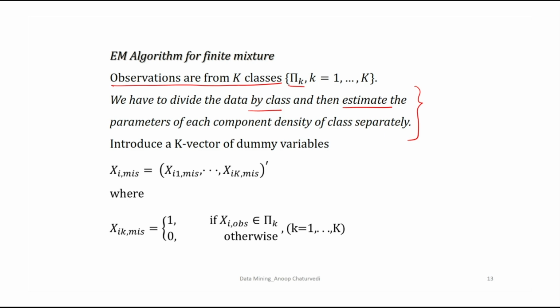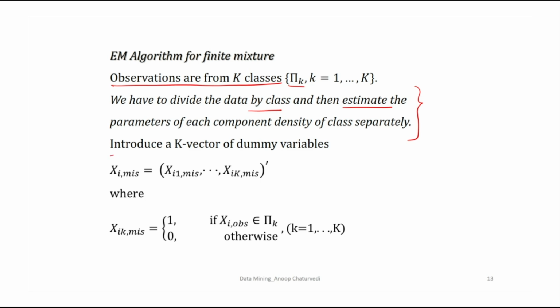So, different components have different densities. You have to estimate the parameters of different components, and then you have to divide the data by class also, or you have to estimate the class of data also.